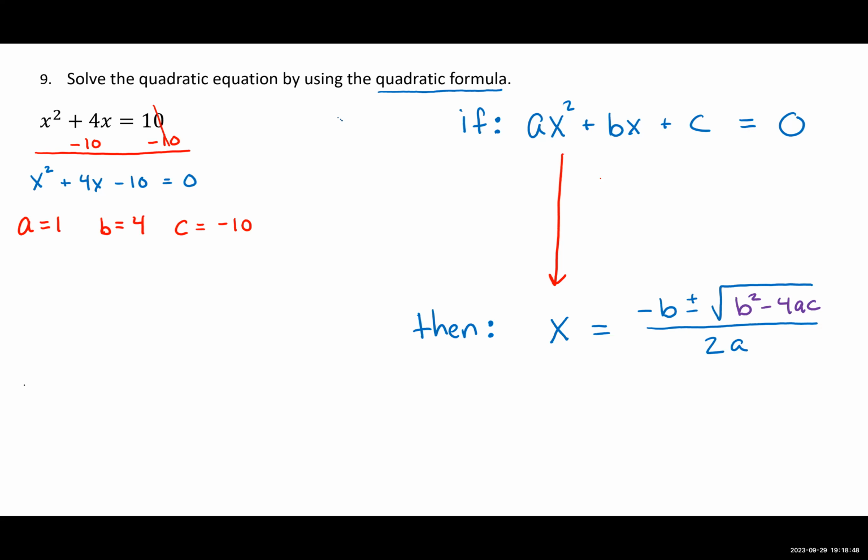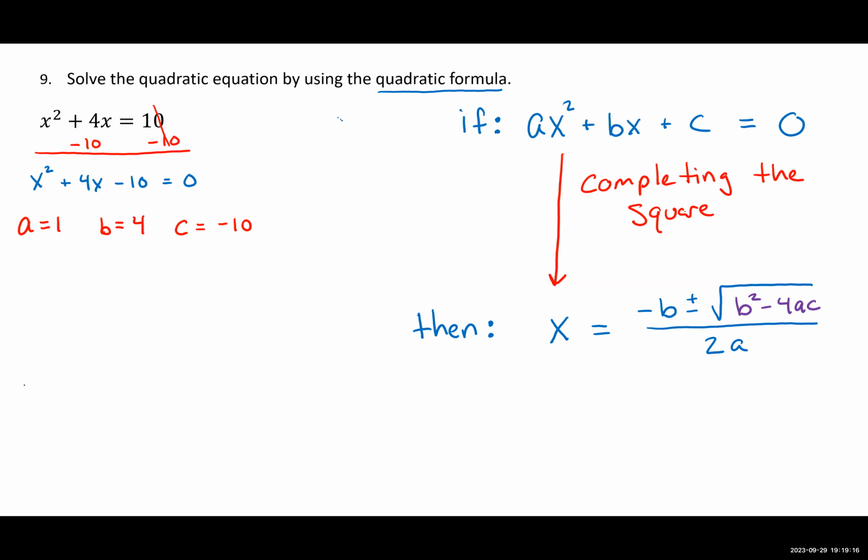It is a result of a process called completing the square. Completing the square is another method for solving quadratic equations.